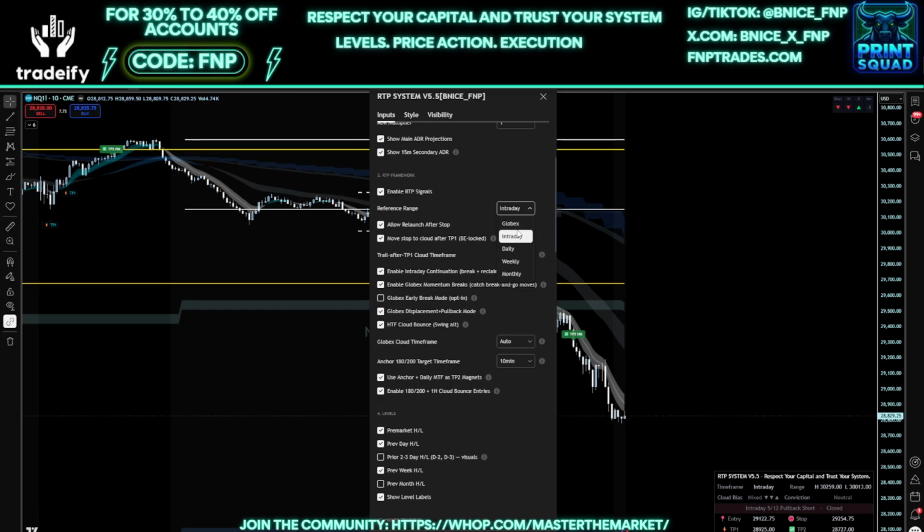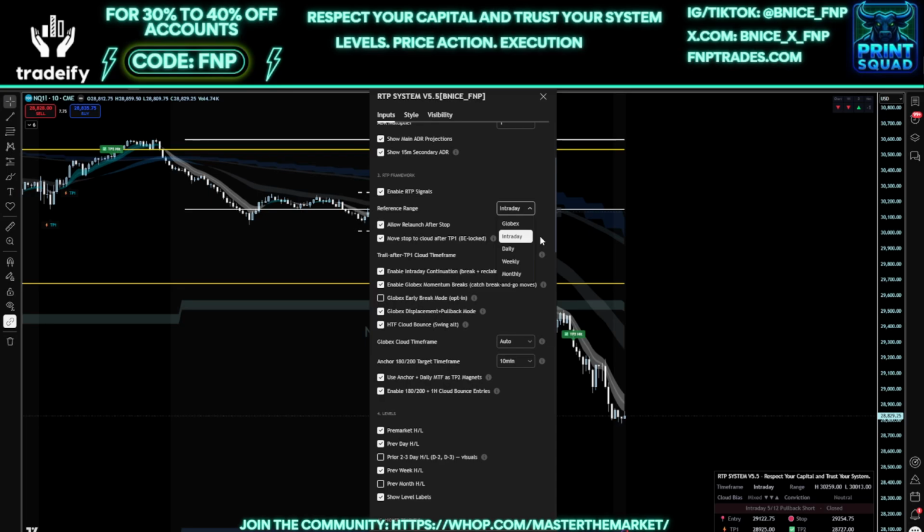Globex and intraday have very similar engines when it comes to running trade ideas. However, they're slightly different based on liquidity and the way that price moves during these different sessions. Globex is a little slower, so I have a couple of guards in that prevent the indicator from printing too many ideas.